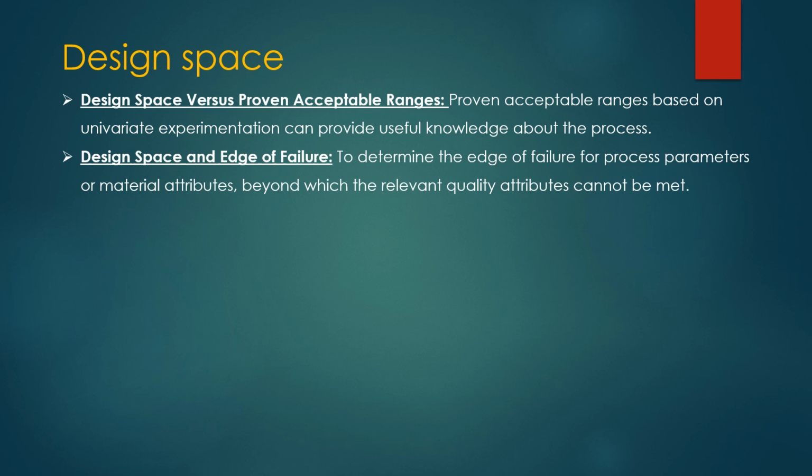Whereas design space is the multi-dimensional combination and interaction of input variables and process parameters that have been demonstrated to provide assurance of quality. Working within the design space is not considered a change.